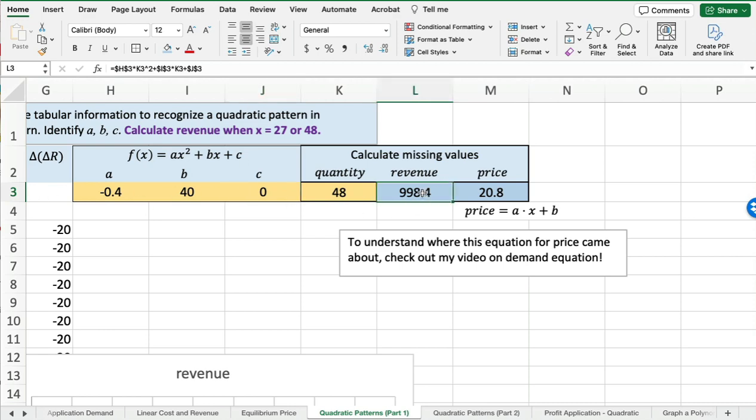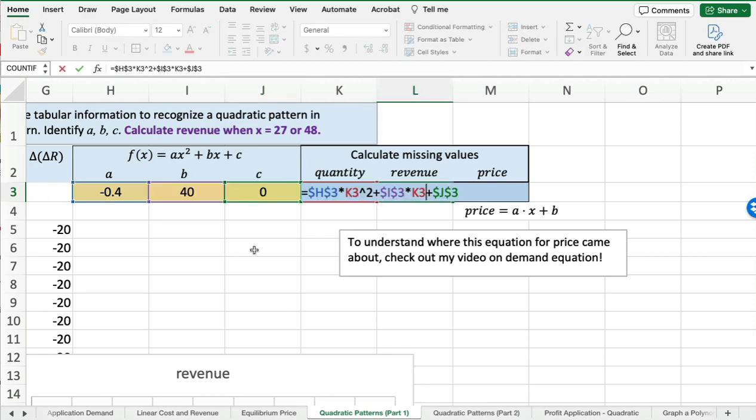So let's see what this formula looks like using all of those numbers. And I actually used a fixed reference here just in case we wanted to fill down and include a few more values of x in our calculation. So equals $H$3 times K3 to the second power plus $I$3 times K3 plus $J$3.